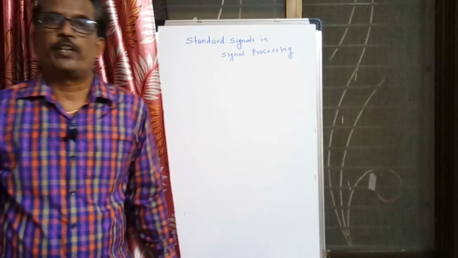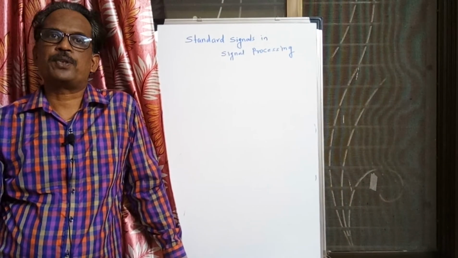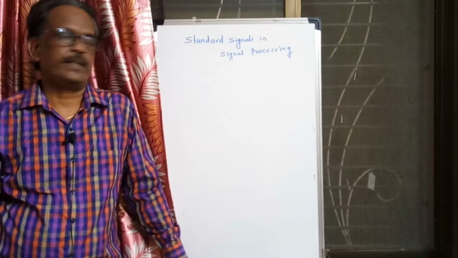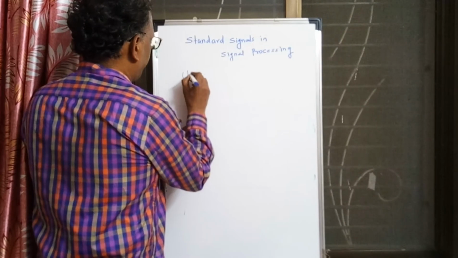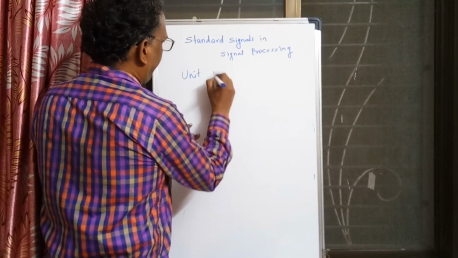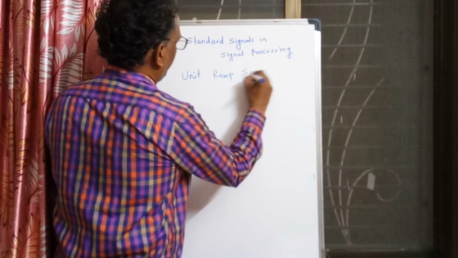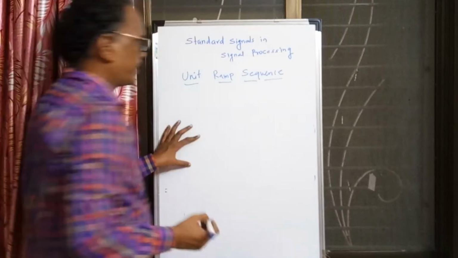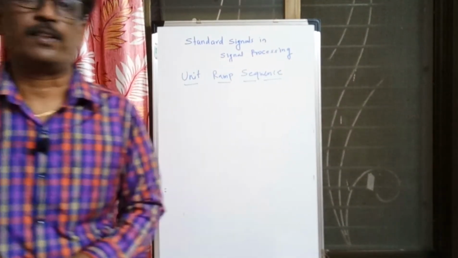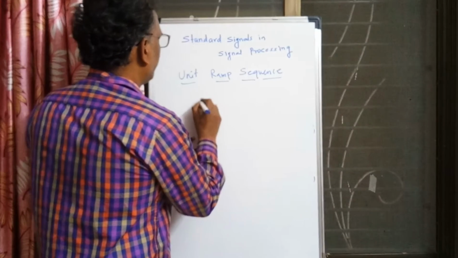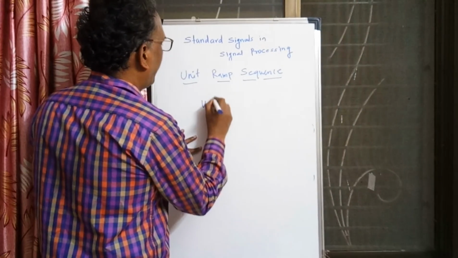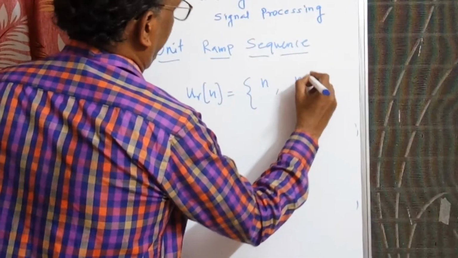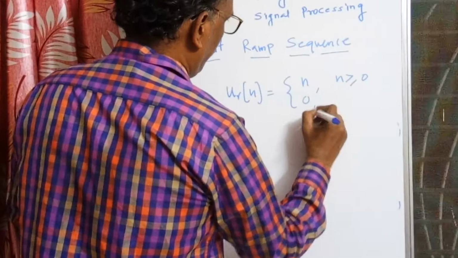Unit ramp signal, the definition is n times u[n], x[n] equal to n times u[n]. Unit ramp sequence is the proper word. This is the third signal coming under the category of standard signals, or we can say the basic signals in signal processing. It is ur[n] and defined as n when n is greater than or equal to 0, 0 otherwise.